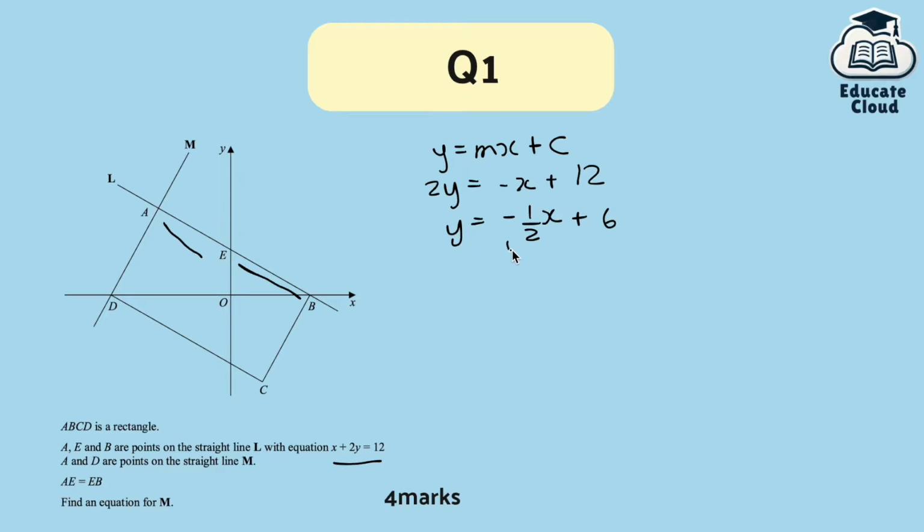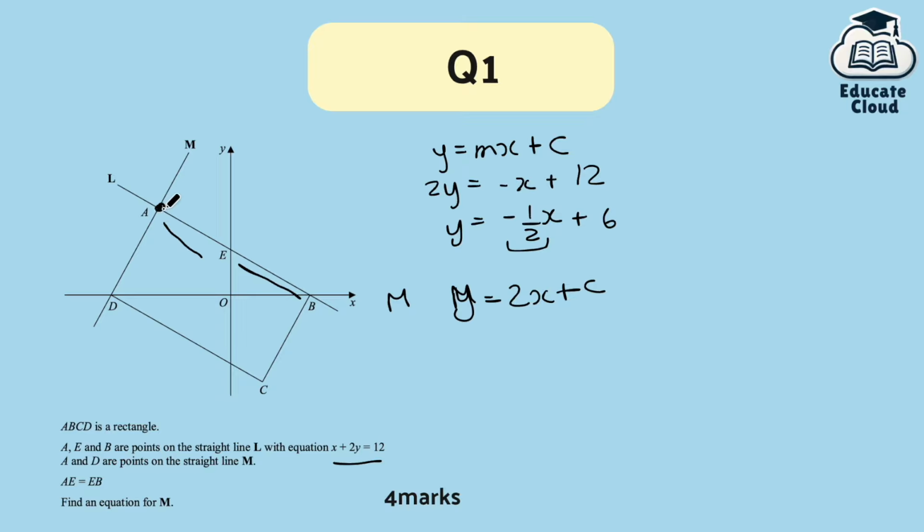So the gradient of L is minus a half. Now, I need the gradient of M, which is perpendicular, so that's just going to be 2, because the negative reciprocal of minus a half is 2. So M is going to be y equals 2x plus c.